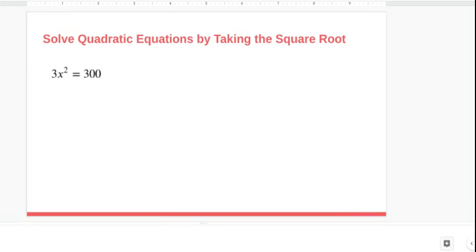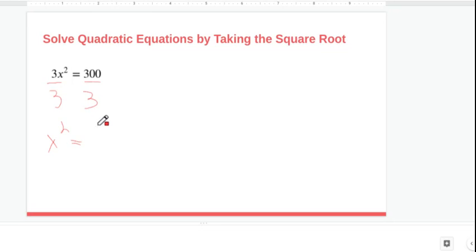In this example, 3x squared equals 300. We need to isolate the x squared term. In order to do that, we're going to undo our multiplication by dividing both sides by 3. When we do that, we have x squared equals 100. Now I'm going to show you a shortcut way to write this.